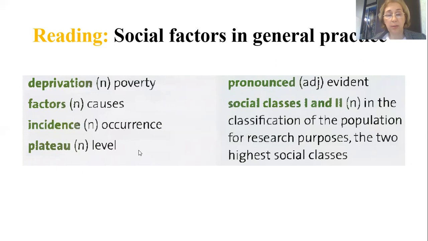Here in this context, this is occurrence, plateau, like in the mountain, some level when there is no change, so the level. Pronounced here, this is as the adjective evident, and social classes 1 and 2. So it means in the classification of the population, which is done for research purposes, the two highest social classes.